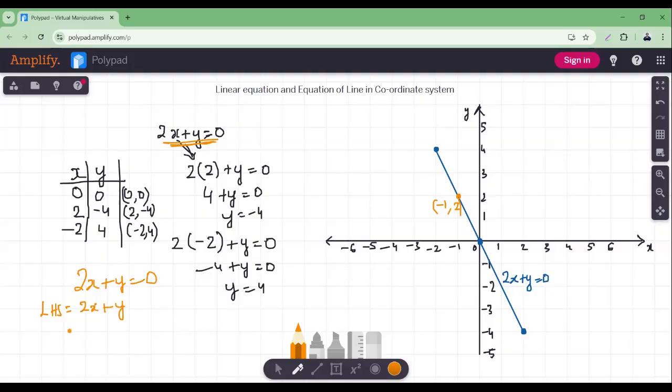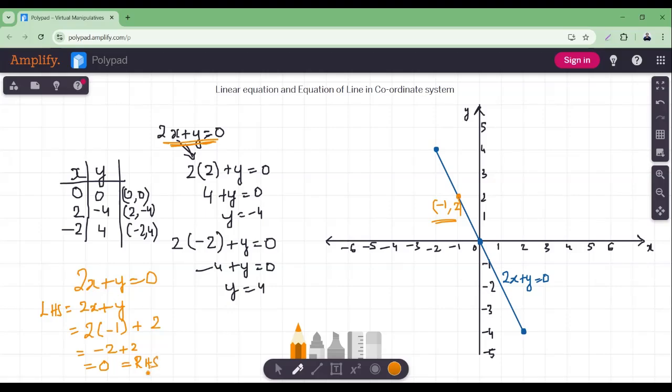Let's see whether we get the same as the right hand side, 0. 2 times x is minus 1 plus y is 2. I'm taking from this: x is minus 1, y is 2. What am I getting? Minus 2 plus 2, which is 0, the same as the right hand side of the equation.